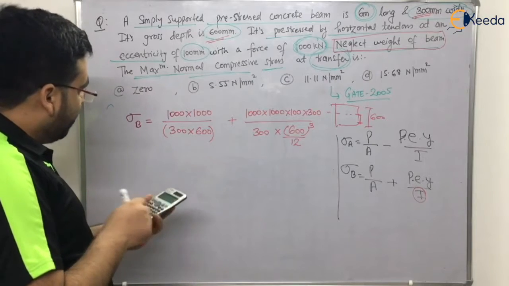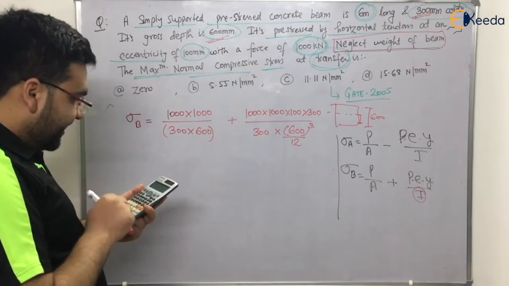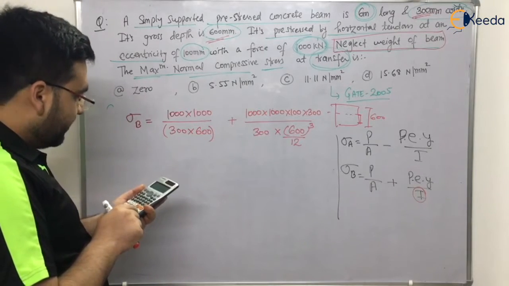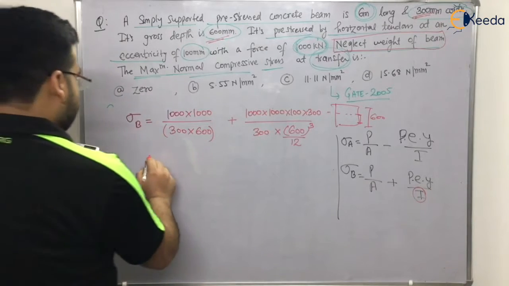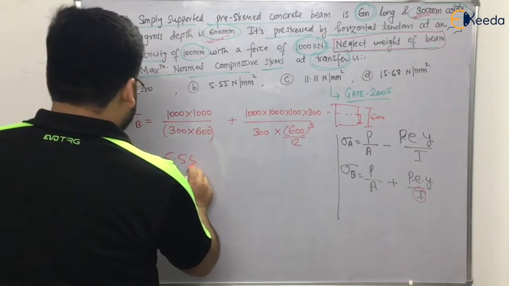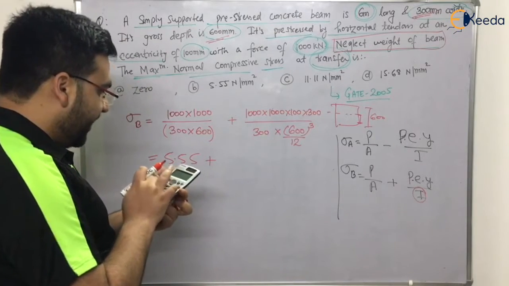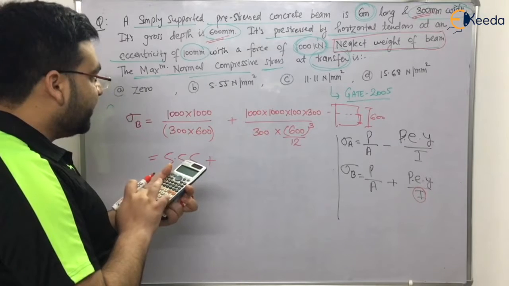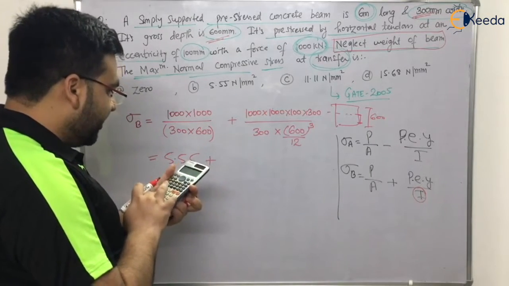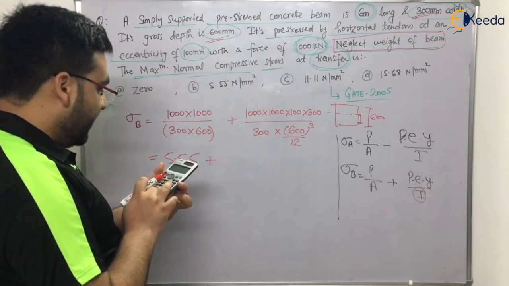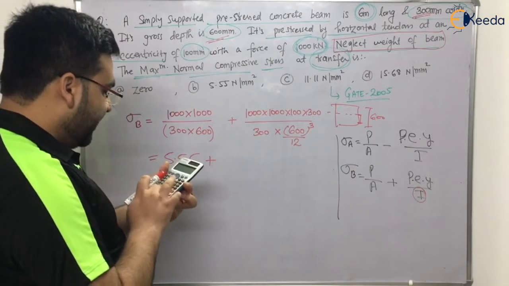It will be equal to 1000 into 1000 divided by 300 divided by 600. It will be 5.55. Plus this will be equal to 1000 square into 300 into 300, divided by 300, divided by 600 cube, and into 12.